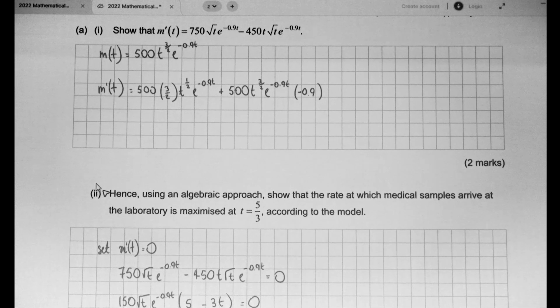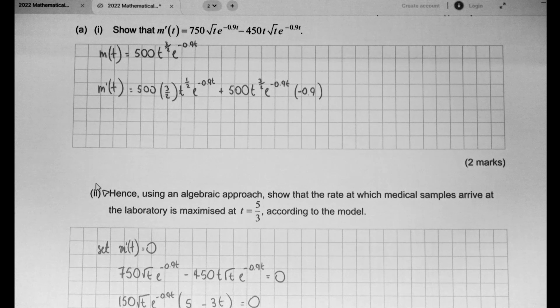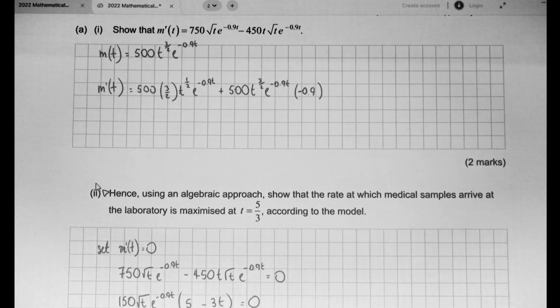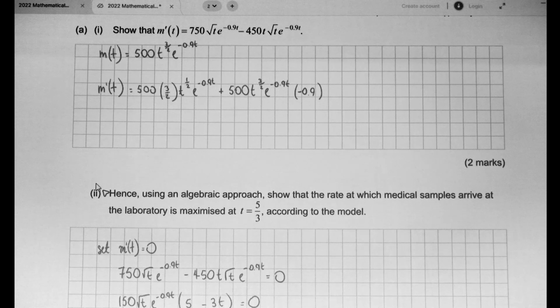Hence, using that given derivative, using an algebraic approach, show that the rate at which they arrive is maximised. So a sign diagram is needed here to show there's a maximum at that point. So they had to set the derivative to 0. They had to factorise to solve.